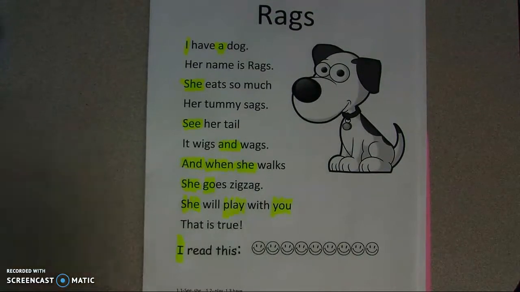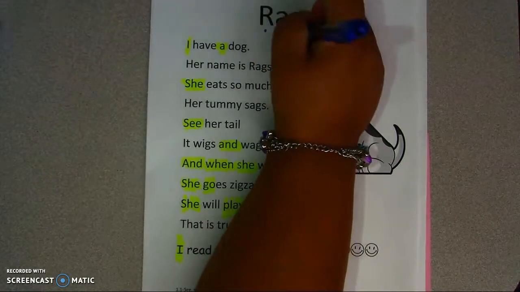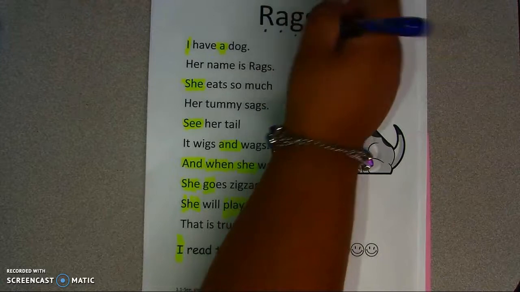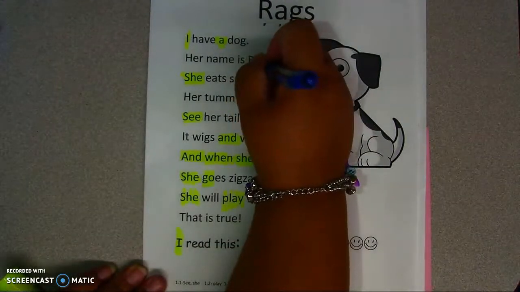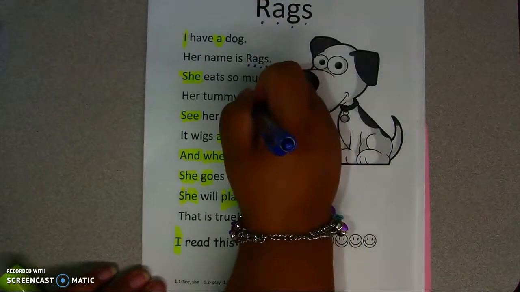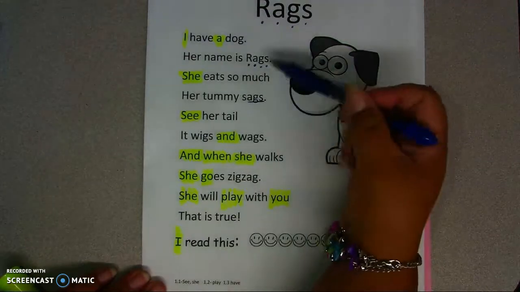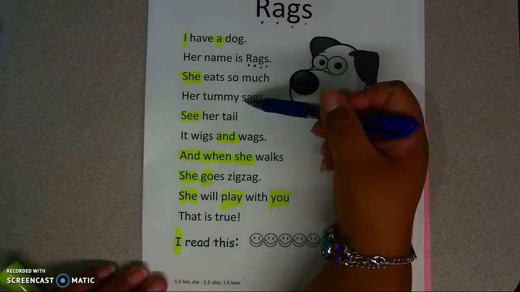Okay, so now let's go through and let's find words that we can blend. For instance, rags. I know I can blend rags. I'm looking, here's rags again. And you know what? I'm looking at the end of this word and it looks like it rhymes with rags. So I think I can just change the first sound.